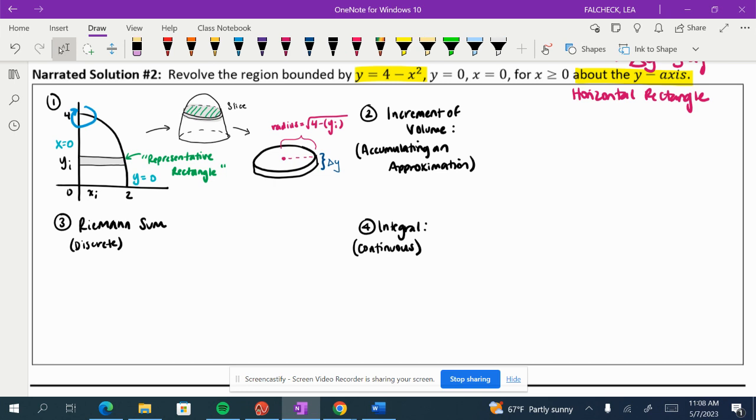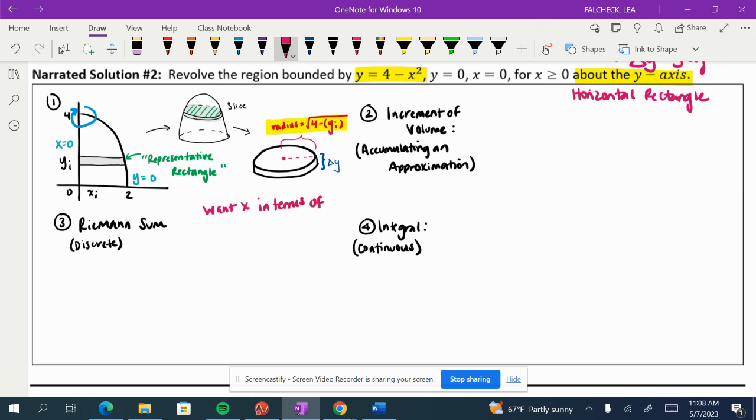You may have seen already that we had an original function of y equals 4 minus x squared, but now our radius is generated by this function, the square root of 4 minus y_i. Where did that come from? If we are integrating with respect to y, we want x in terms of y.